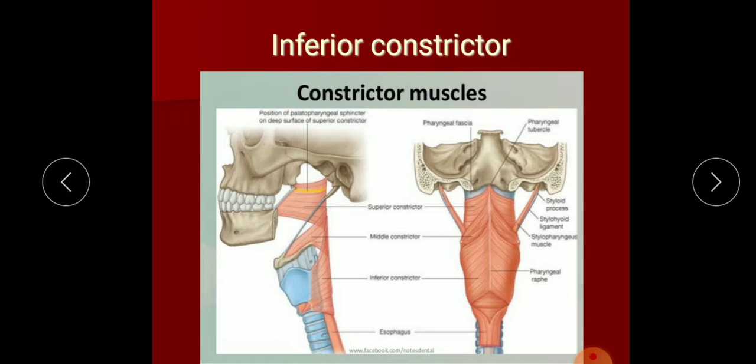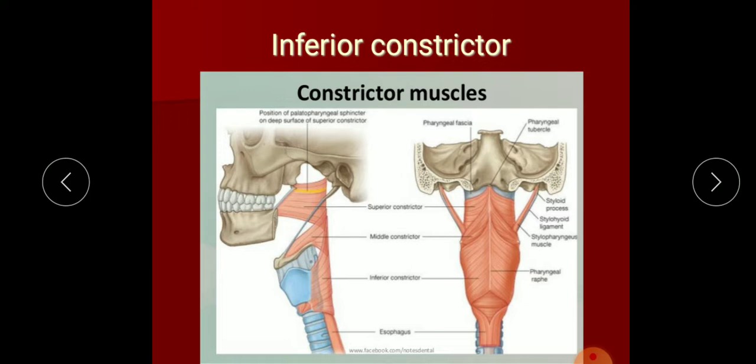The thyropharyngeus part of the inferior constrictor will take origin from the oblique line of thyroid cartilage. Fine. And what about the second one, cricopharyngeus? That will take origin from the side of the cricoid cartilage. So the origin only is different for these two.